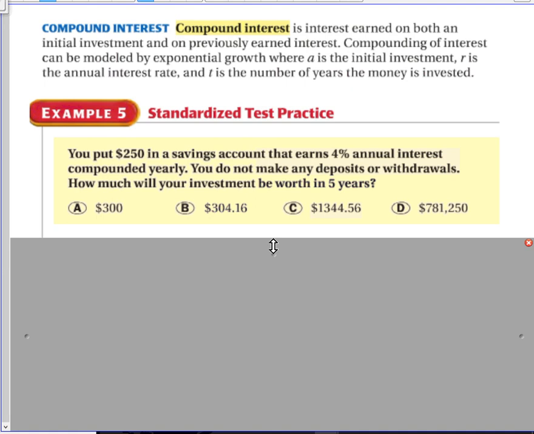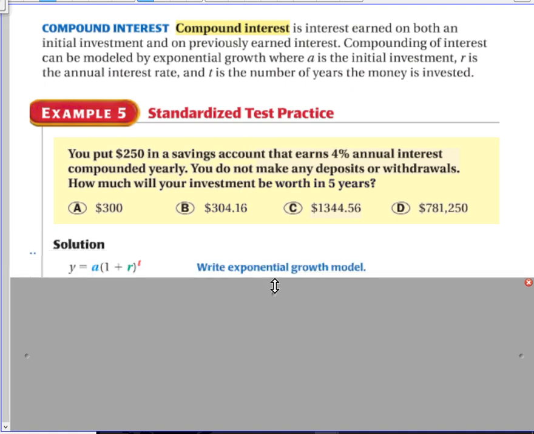All right, so I'm going to take that same formula I've been using, that exponential growth one, y equals a times 1 plus r to the t power. I'm going to start plugging in my information. I know that $250 is my initial amount, so that's going to go in for A. I know that my annual interest is 4%, which is my rate, so that is going to become 0.04. And that is going to plug in for my r. And I want to know how much it's going to be worth in 5 years.